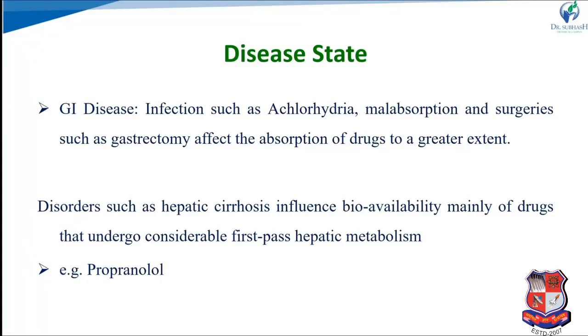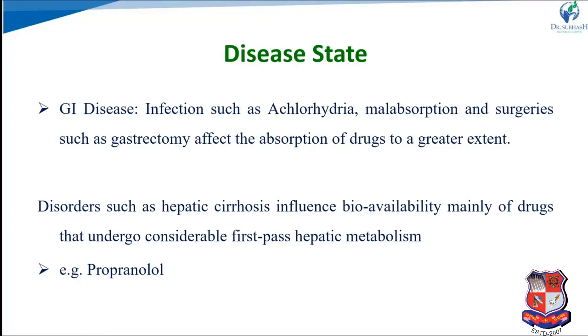Disease: how disease affects the rate of absorption. There are GI diseases, CVS diseases, and hepatic diseases. Let us see some examples. In GI disease, infections such as achlorhydria, malabsorption, and some surgeries like gastrectomy affect the absorption of drugs to a greater extent.